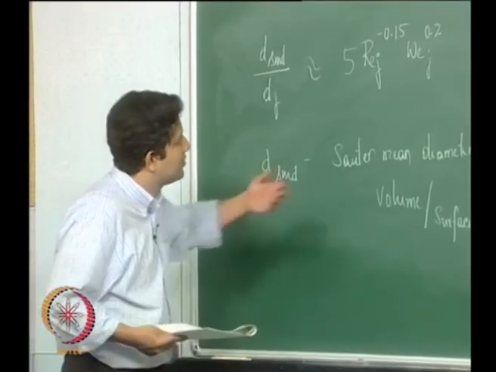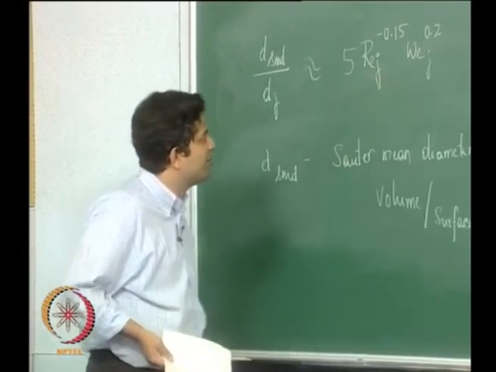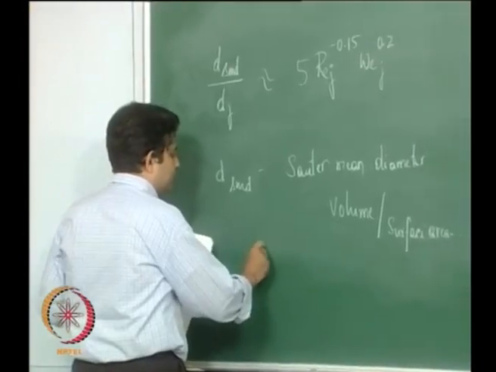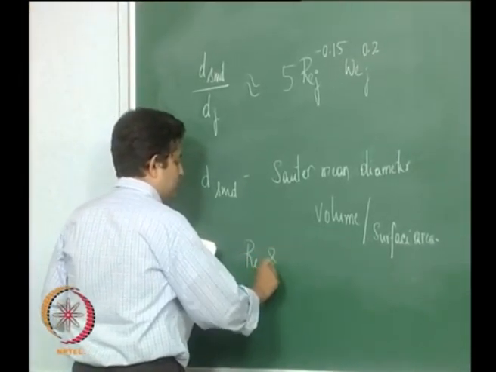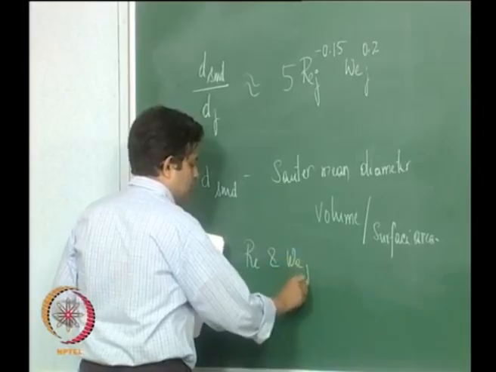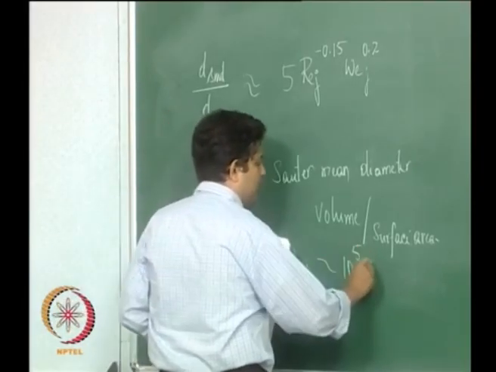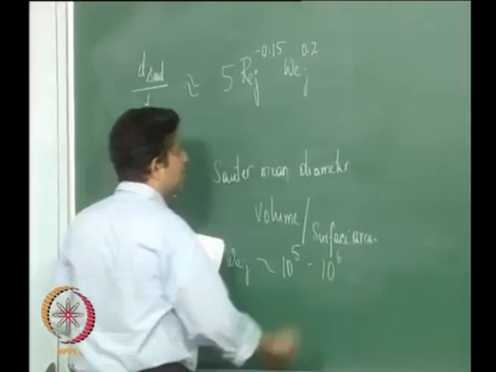Typically the range of Reynolds number and Weber number would be of the order of 10 power 5 to 10 power 6 for rocket engines.